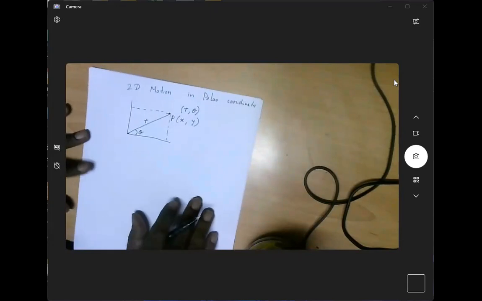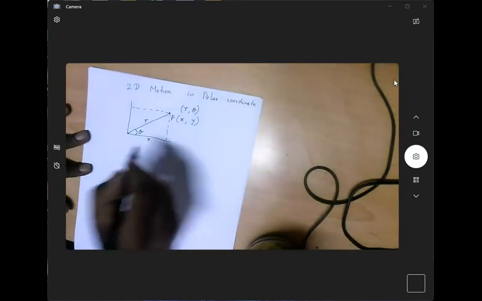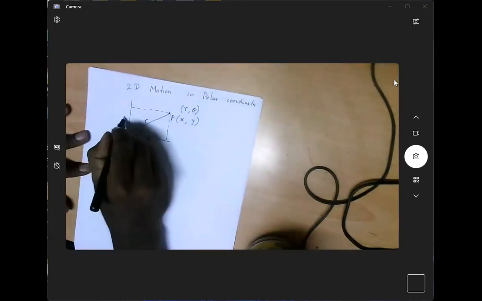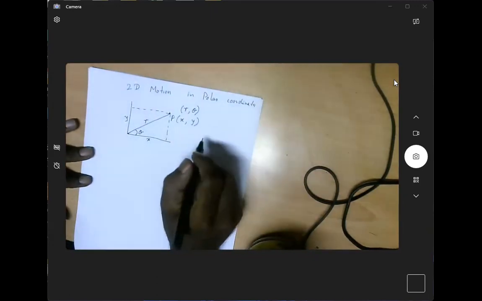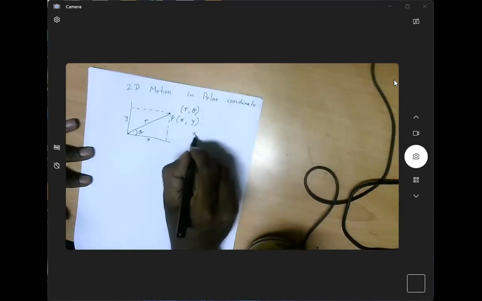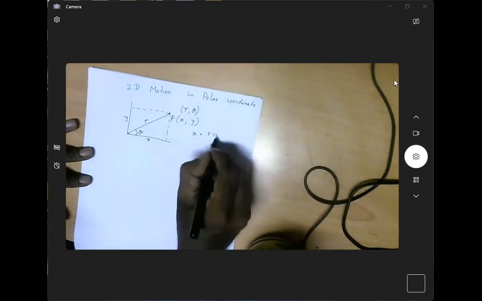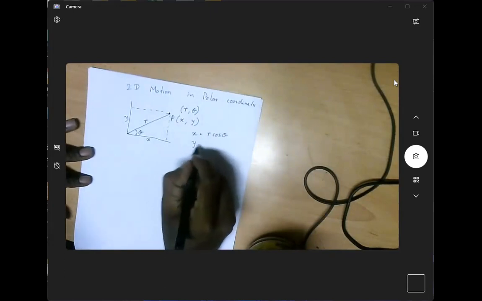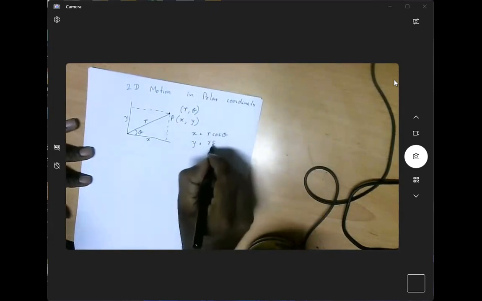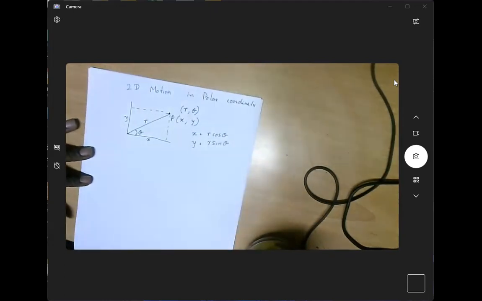Now, what is the relationship between Cartesian coordinates and polar coordinates? So you will see that x is r cos theta and y is r sin theta. Right?